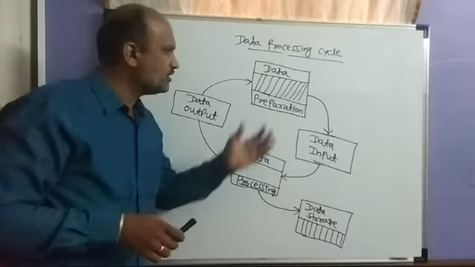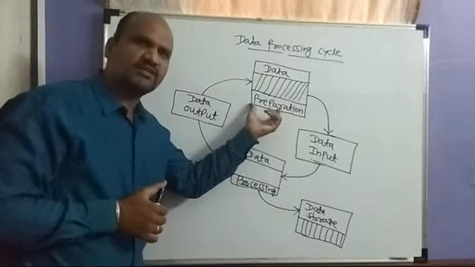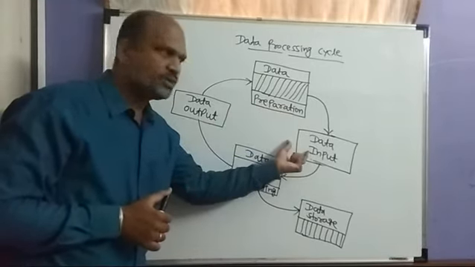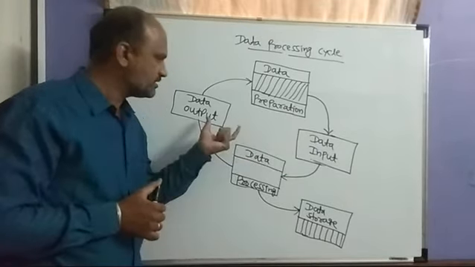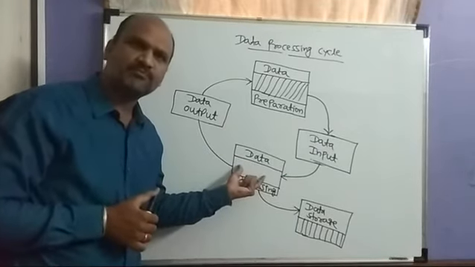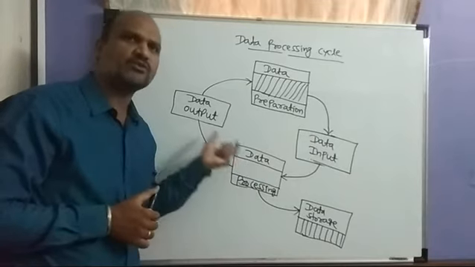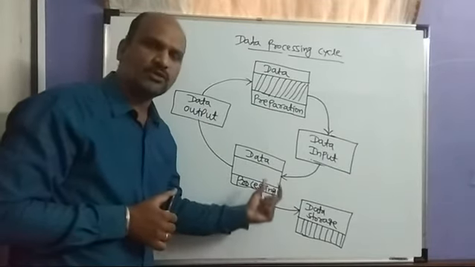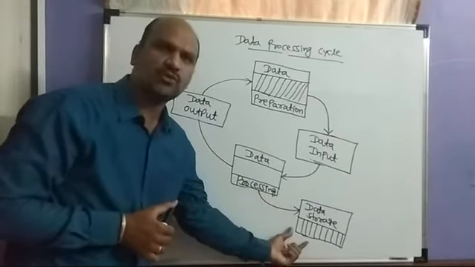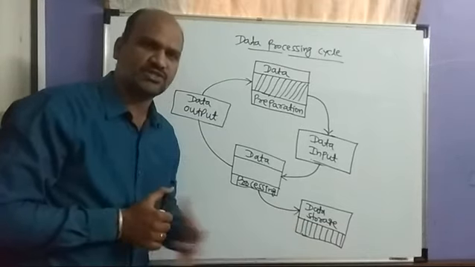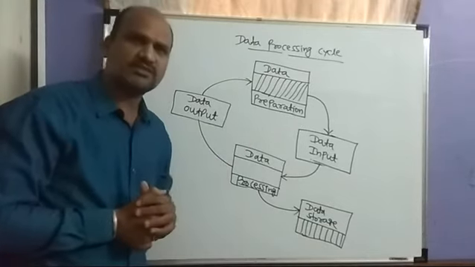You have to prepare the data, meaning collection of the data. Next, you have to give the data input. Next, the processing will happen. Next, from this processing we will get the output. Ultimately, whatever you processed should be stored in your storage device. So this is the basic life cycle.